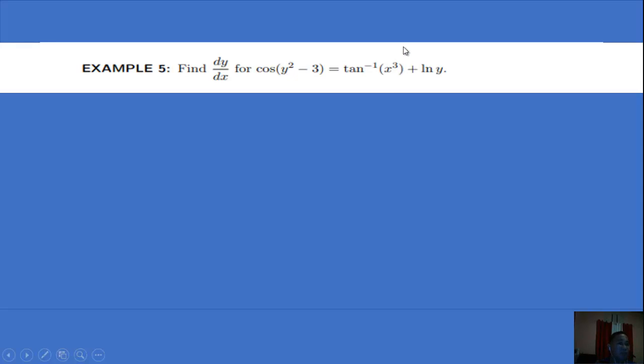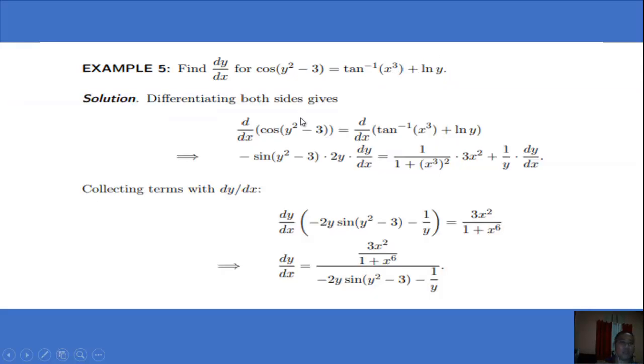Bakit? Kasi meron pang derivative ng x cubed, which is 3x squared. And the derivative of ln y is 1 over y. Wow! That's it. So, differentiating, negative sine of y squared minus 3, then the derivative of y squared is 2y dy dx.